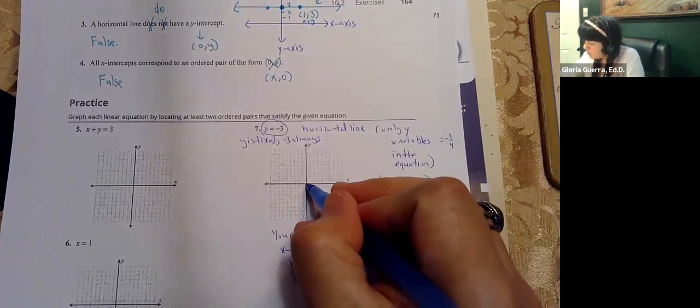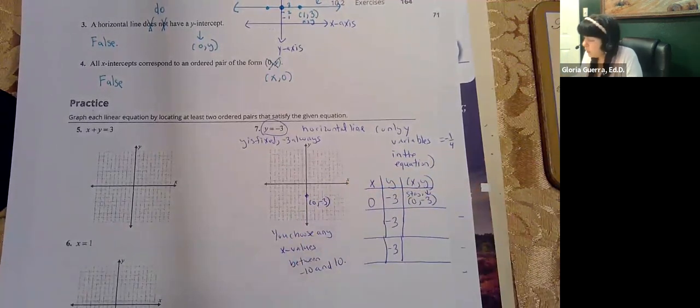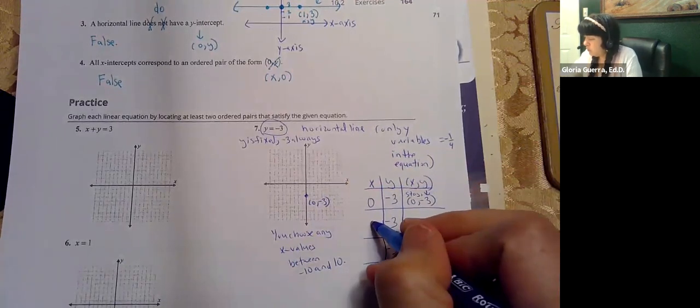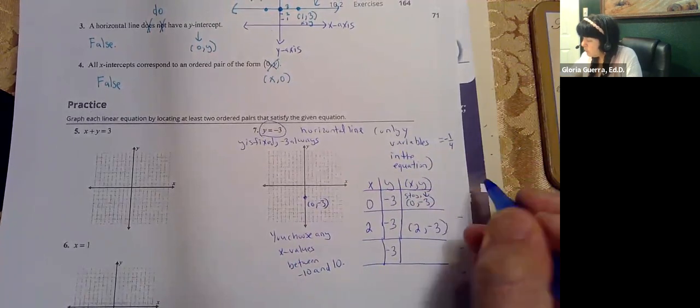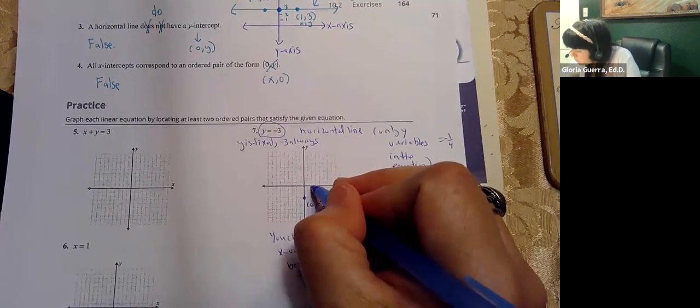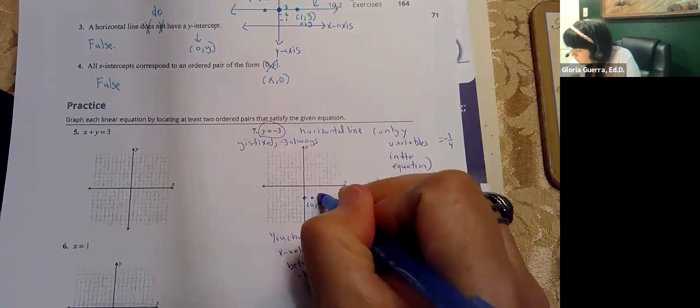You stay and then you go down, -1, -2, -3. Then I would choose maybe something like 2, -3. So go to the right and then go down. So (2, -3).